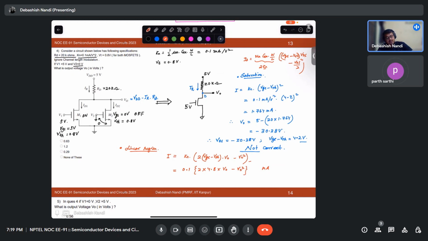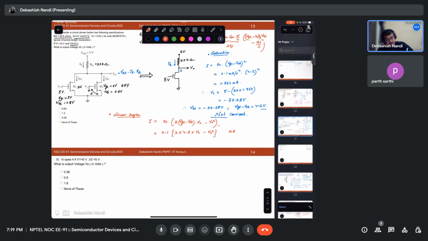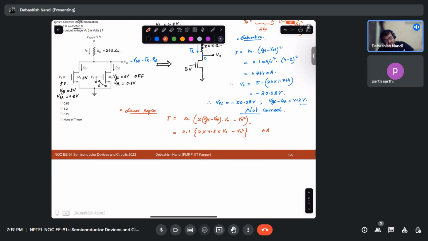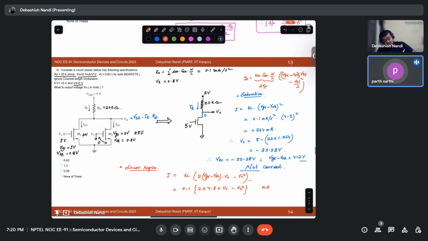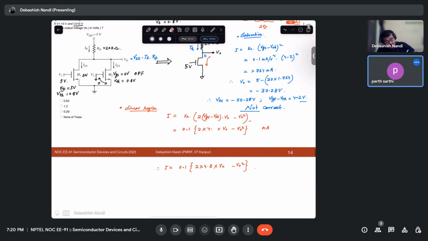Okay. And what about this current? So this is one equation, right? I is equal to 0.1 times 2 into 4.2 into V0 minus V0 square. Sorry, VGS 5, VT 0.8, that's 4.2.